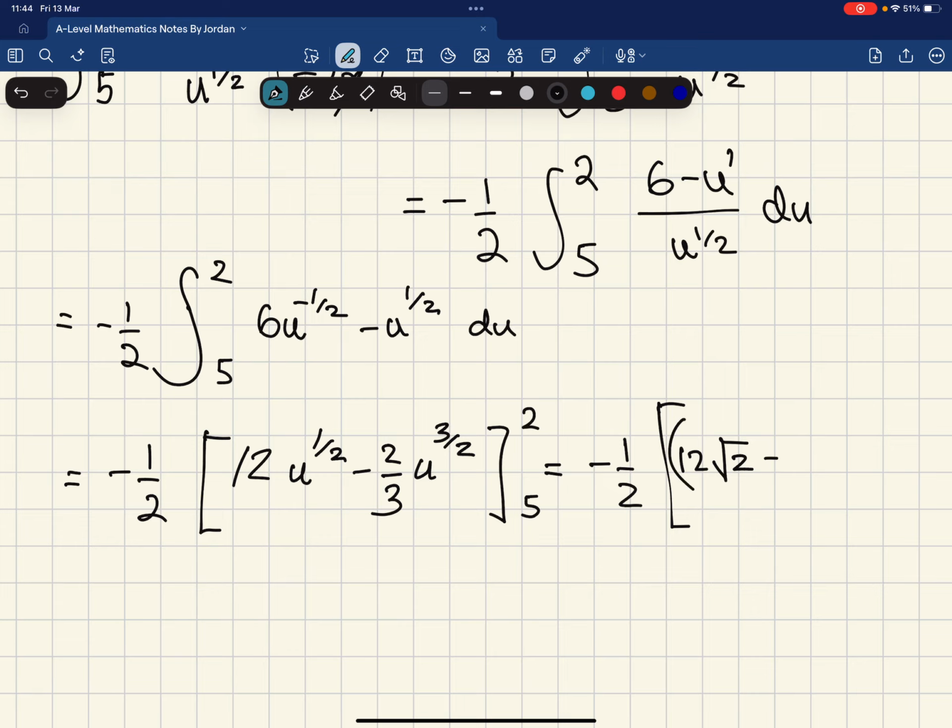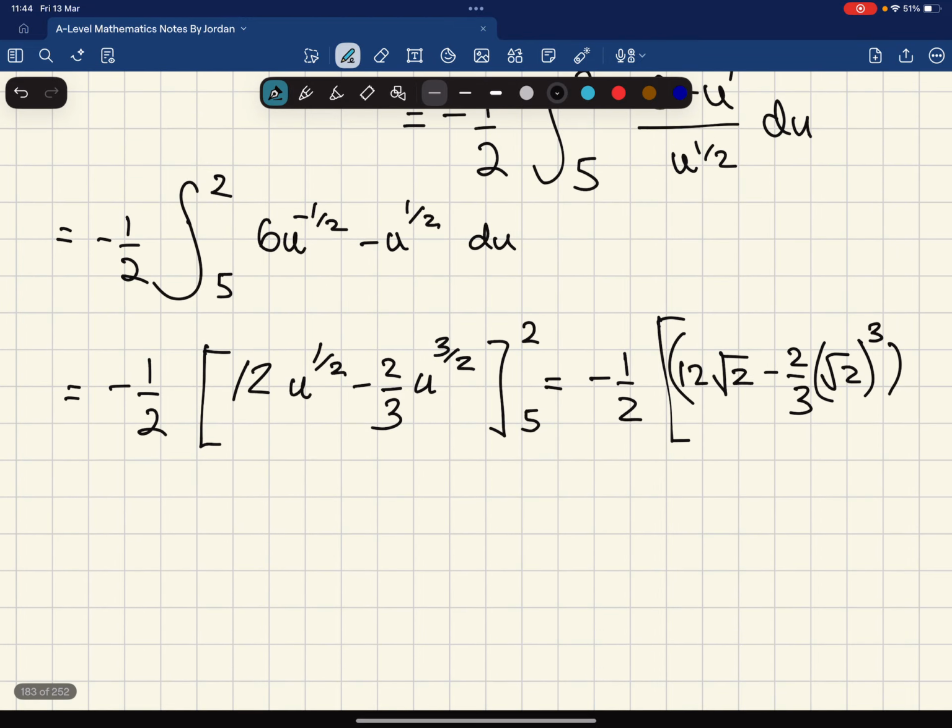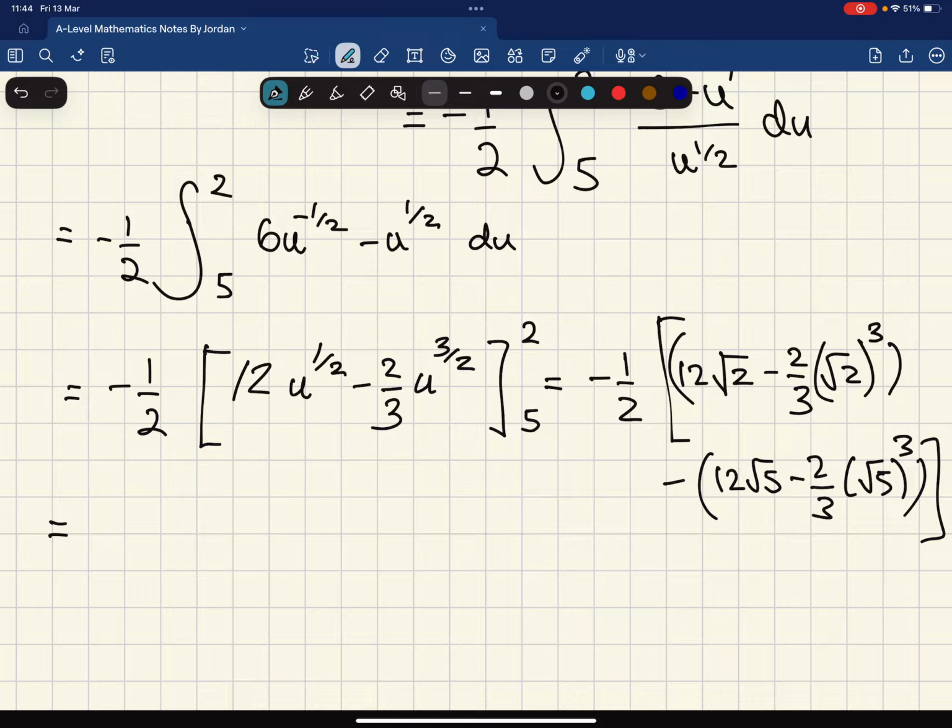So we have minus 2/3, and then this time we've actually got √2 cubed, which we'll sort out in a minute. Let's do the other bit. So starting again, but just with a 5. So we've got 12 √5, and then minus 2/3. This time we have √5 going in there, but cubed. Okay, like I said, be very, very careful.